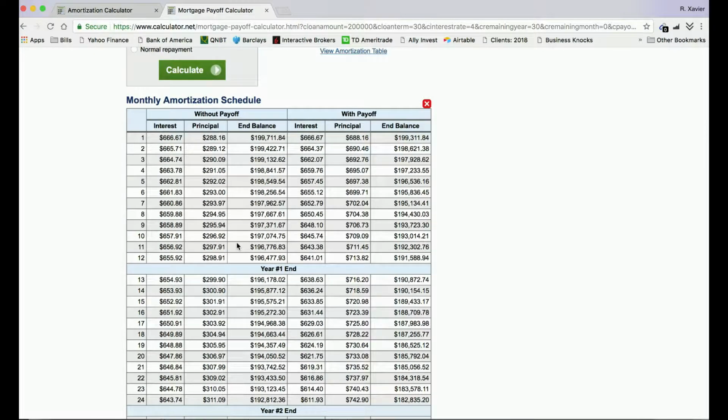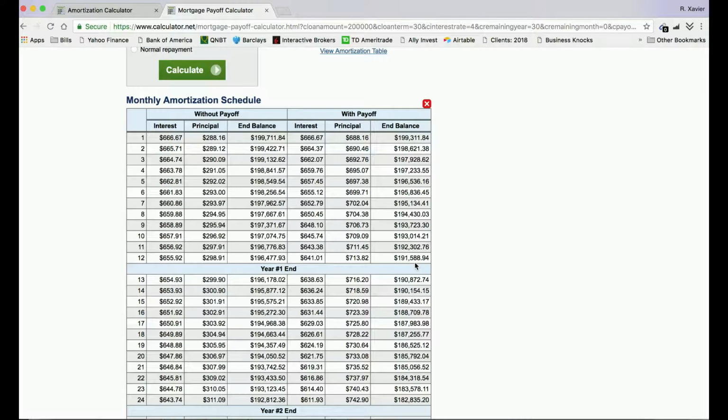All right, so we already know that $400 times 12 payments gives you $4,800. You can almost think of it as you've set aside $4,800. Now, let's look at the difference between what your end balance would be in that time period. That difference is $4,888.99.